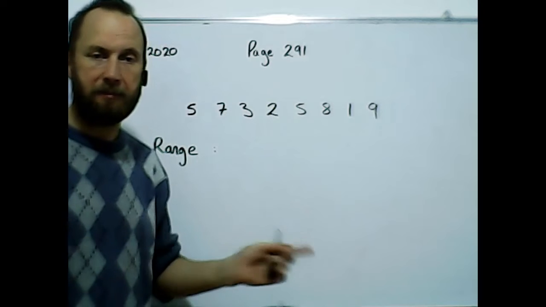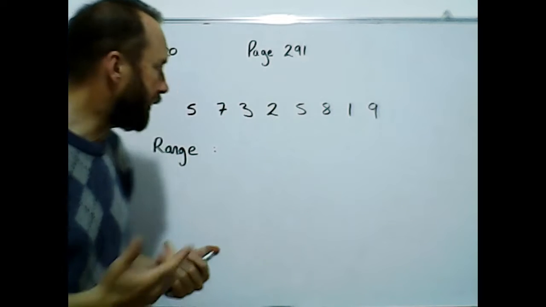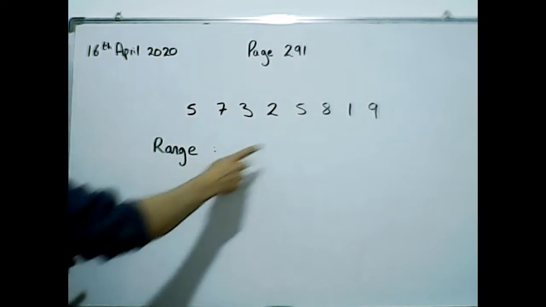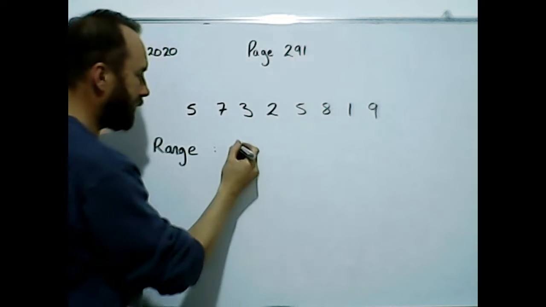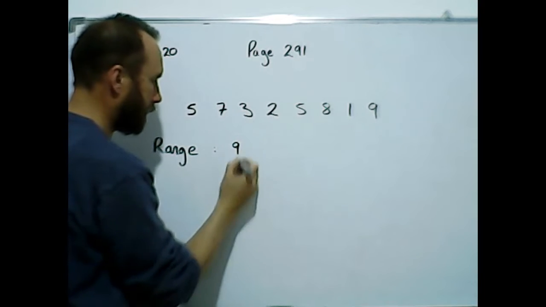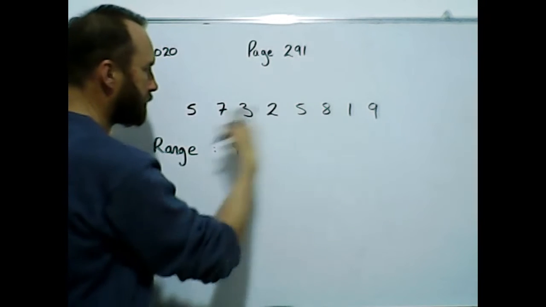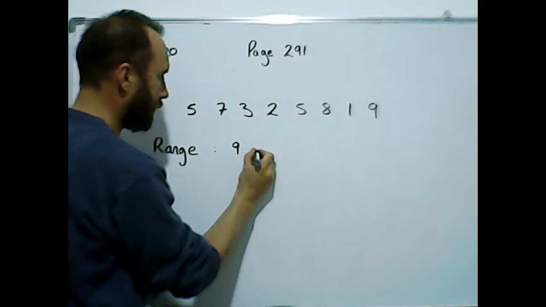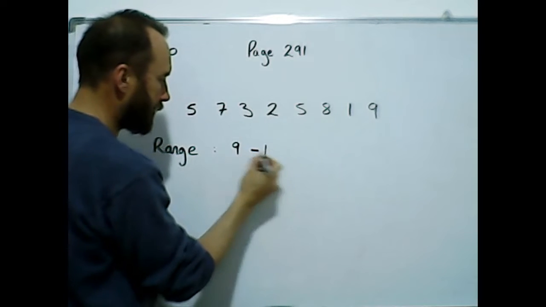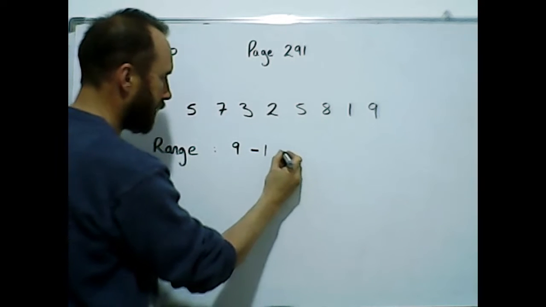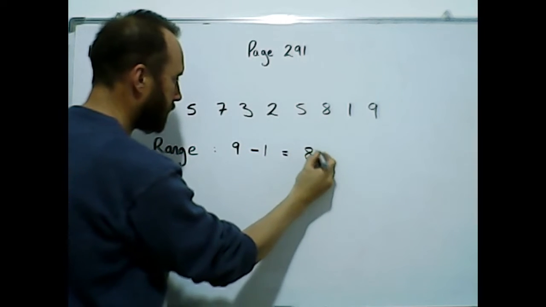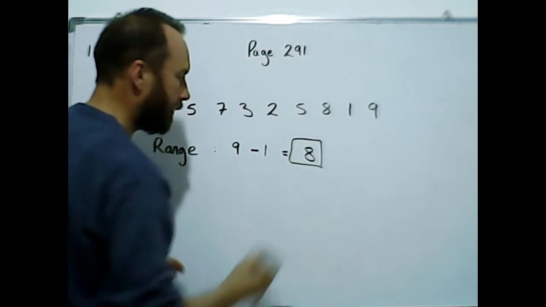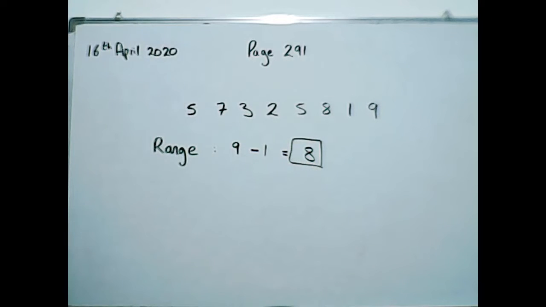And what's the difference in between? That's your range. My largest value is number 9. My smallest value is number 1. What's the difference between them? It's 8. And that's my range.